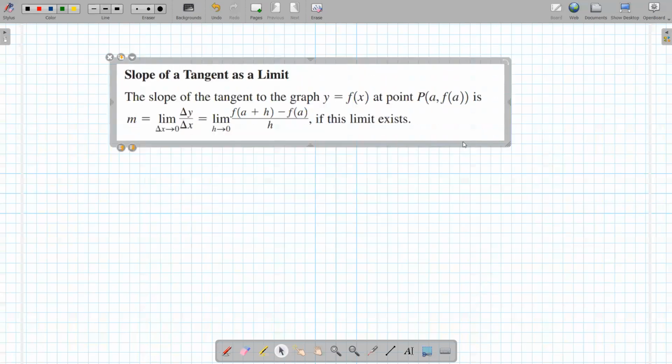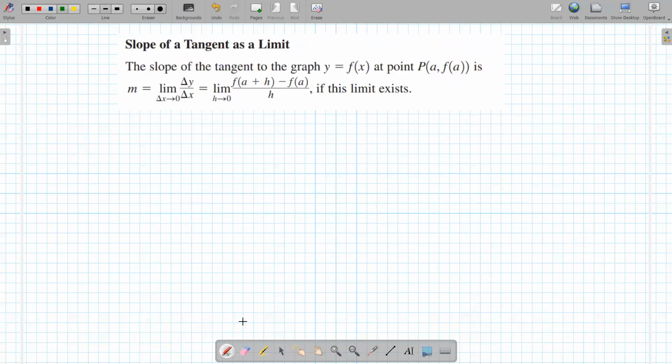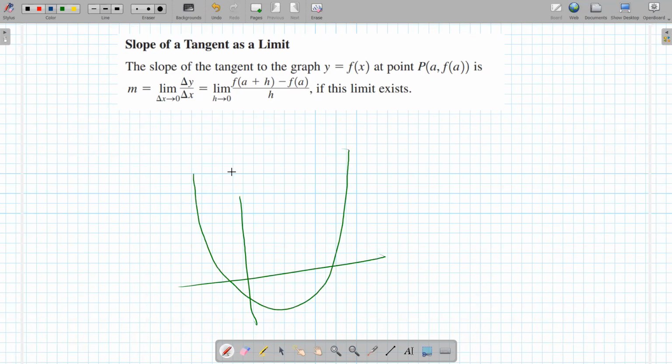There's a lot of fancy words here, but we have talked about this a few weeks ago. A tangent line is simply a line that kisses the original curve once. And the point where they touch, this point, is shared by both of these curves. It's shared by the tangent line. It's also shared by the original curve.